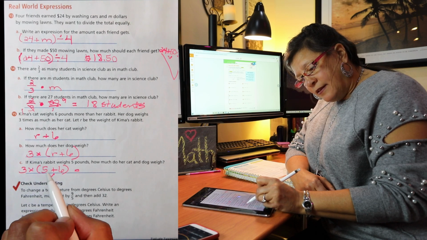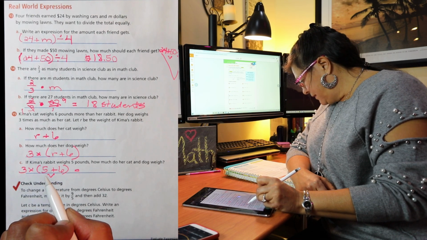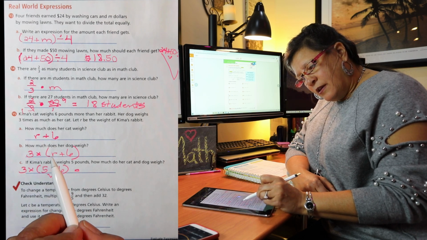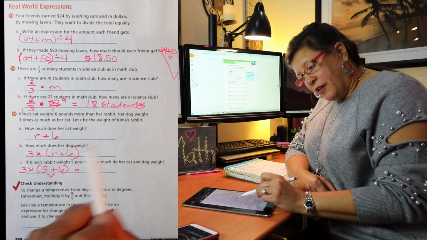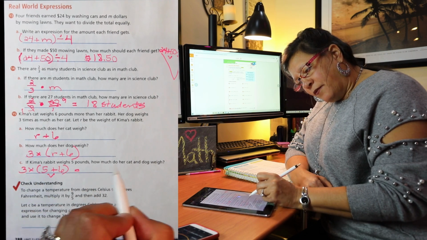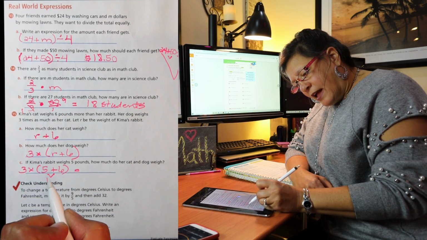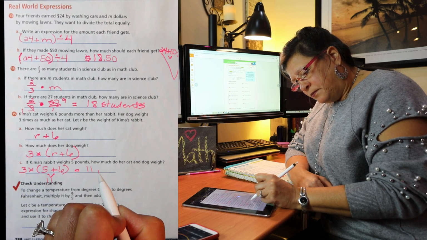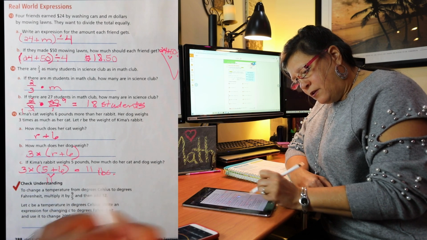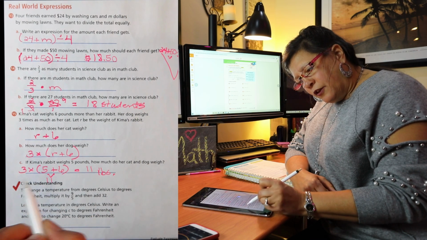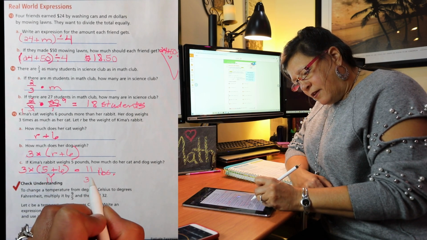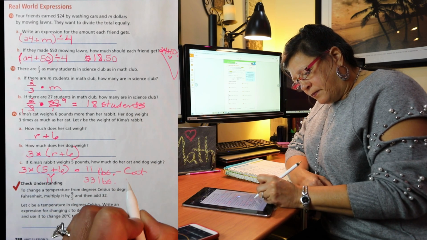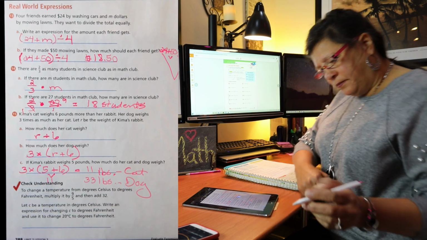Well, the cat weighs 6 more than the rabbit, okay? So if the rabbit weighs 5, then we know the cat is 11 pounds. And lbs we're going to use. And then the dog weighs 3 times that. So 33 pounds for the dog.